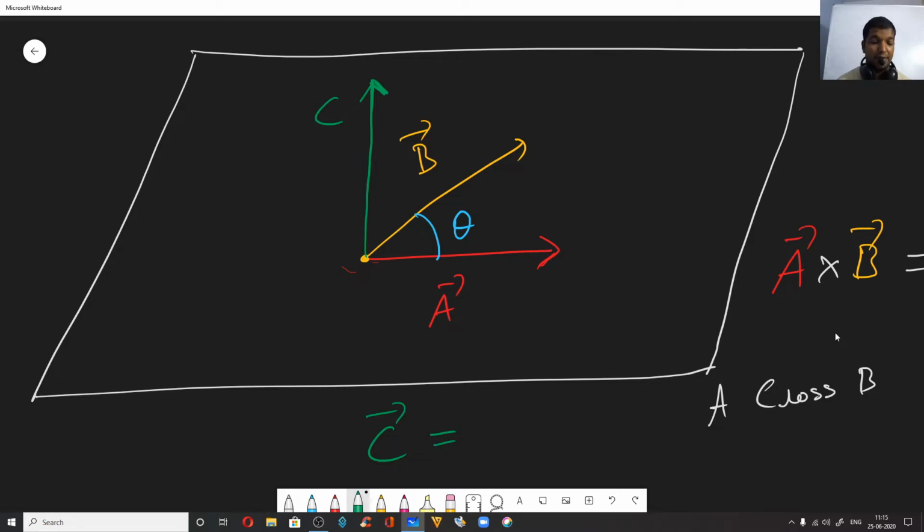C is given as A cross B here. You can draw two perpendiculars to the plane, but the specific perpendicular is given by the right hand rule, A cross B. So just try to keep two pens or something like that, you will understand. So this is how we define cross product.